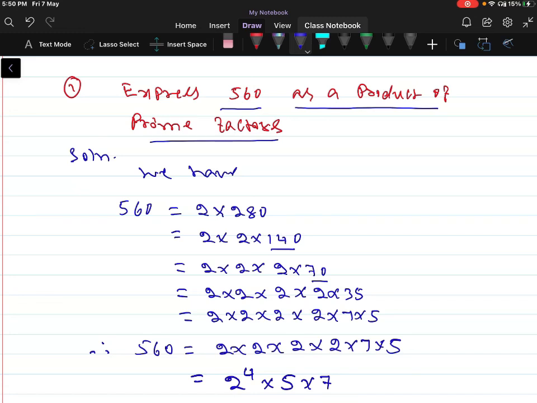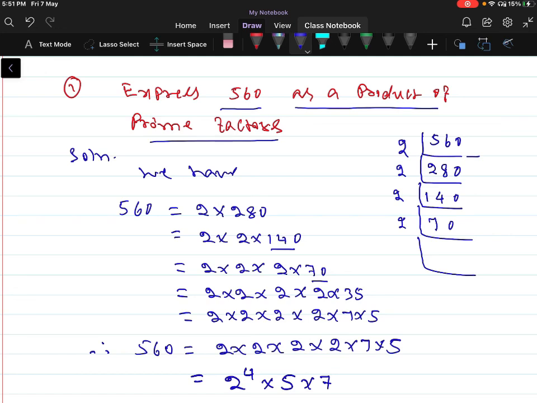We can find the prime factors another way, by using the prime factorization method. Take the number 560 and divide by 2, where 2 is a prime number. Again divide by 2, then divide by 2 again, and again by 2.